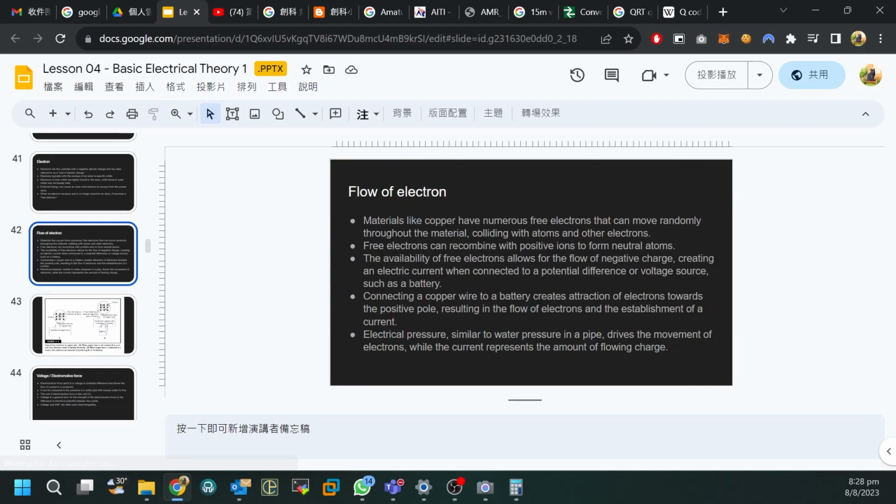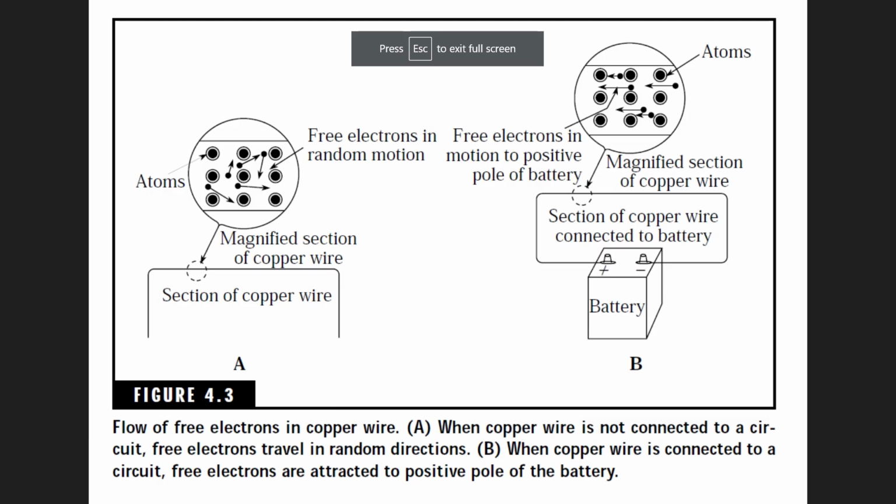It's too deep. Okay. So for the electron, when you use a very powerful microscope to view it, there is a nucleus here, and the electrons will flow through. The electrons will just move freely. Actually, the electrons will move in all directions, because there is no potential difference.